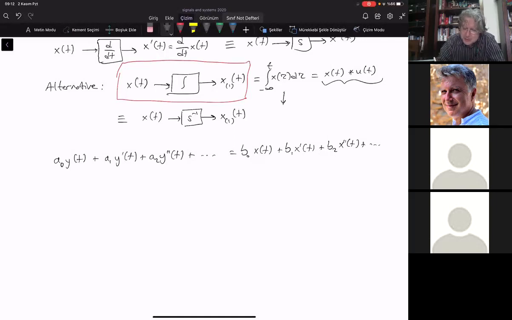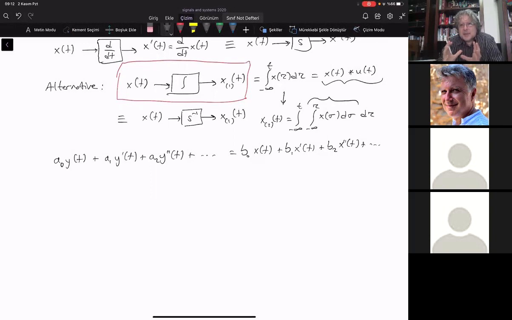integration, which would correspond to x sub 2 of t, for instance, would be equal to, from minus infinity to t, and inside it, I will have from minus infinity to tau, and inside it, I will have x of some different terminology, let's say x of sigma, d sigma. This is the second integral, because inside this one will give me, and then d tau, of course.